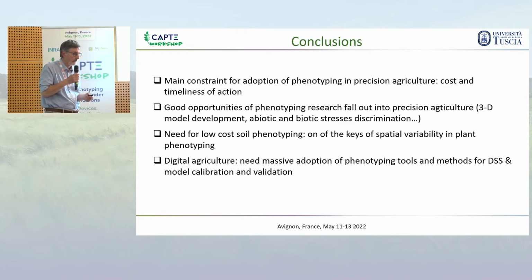And of course, in digital agriculture, there is the need for massive adoption of phenotyping tools, because these decision support systems need to be credible. So the only way, I think, is to have a serious and well-done calibration, so a lot of scope for using phenotyping tools in this kind of work.